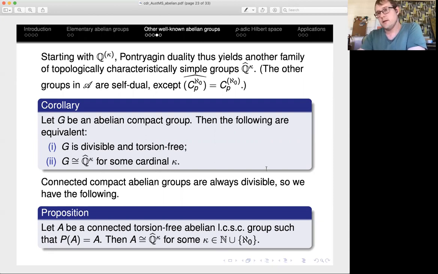These are also connected, incidentally, because they're dual to something that has trivial periodic part. Yeah, so if you have a connected compact abelian group, it's not hard to show that it's divisible.